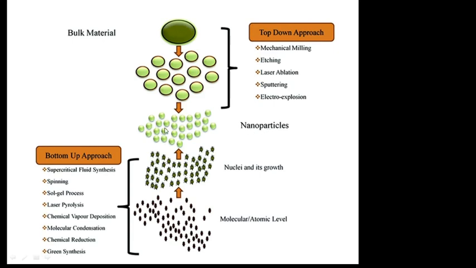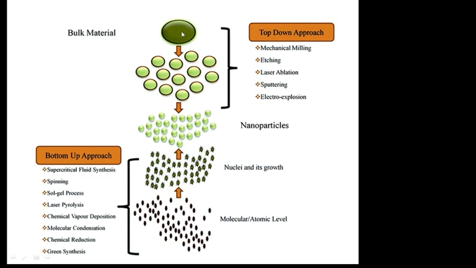Now, to approach this, as guided by the arrow lines, you can understand one is this process and another is the other process. The one way to approach the bulk to nano is called the top down approach.